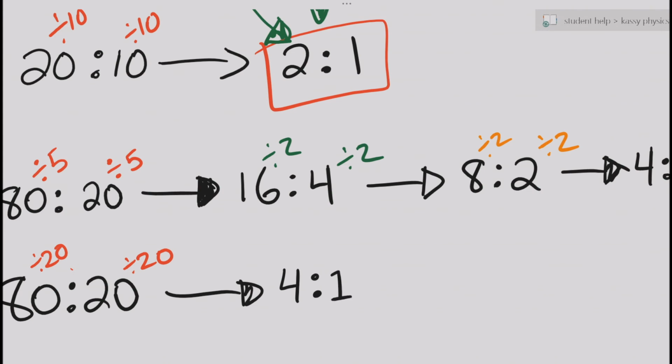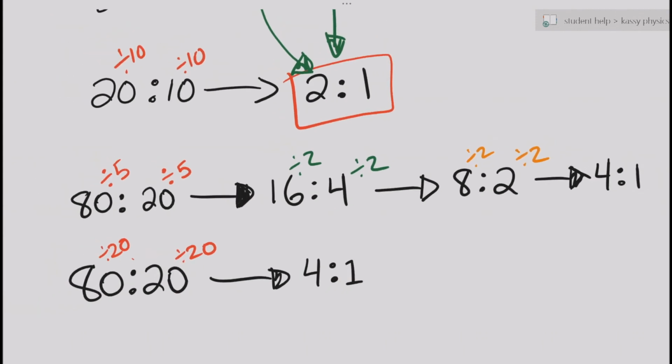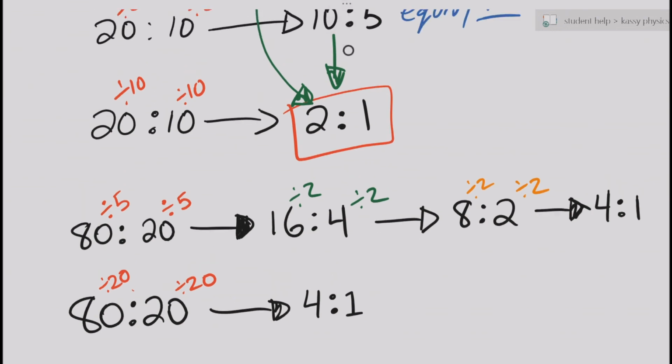Wow, they got there in 1 step instead of 3 steps. Are they more correct? Well, the nice thing is no, that person isn't more correct. These are just as good answers to one another. So it's okay to take multiple steps to get the lowest ratio. Don't be shy.